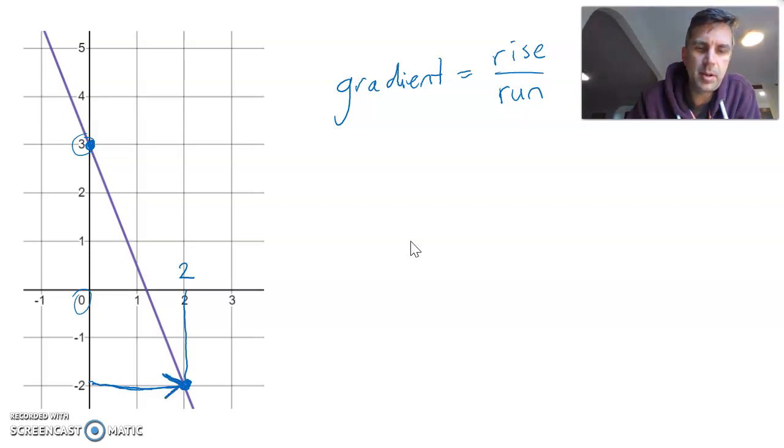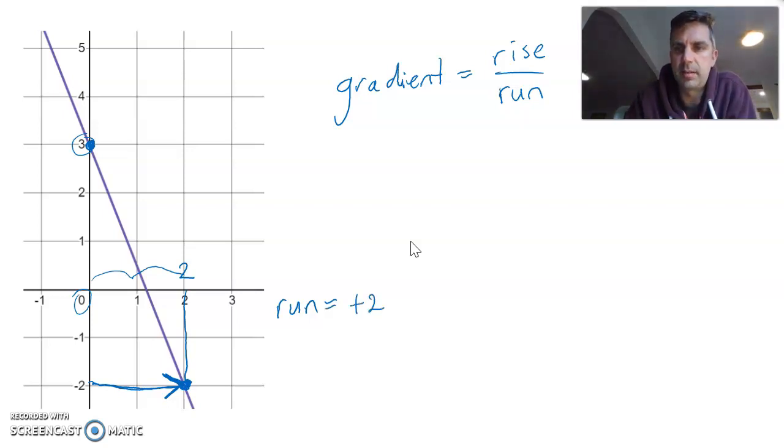So it's a bit like reading a book. We always go from left to right. So in this case, to get from the first point to the second point, we have gone across from 0 to 2. So our run was going across, adding on 2.